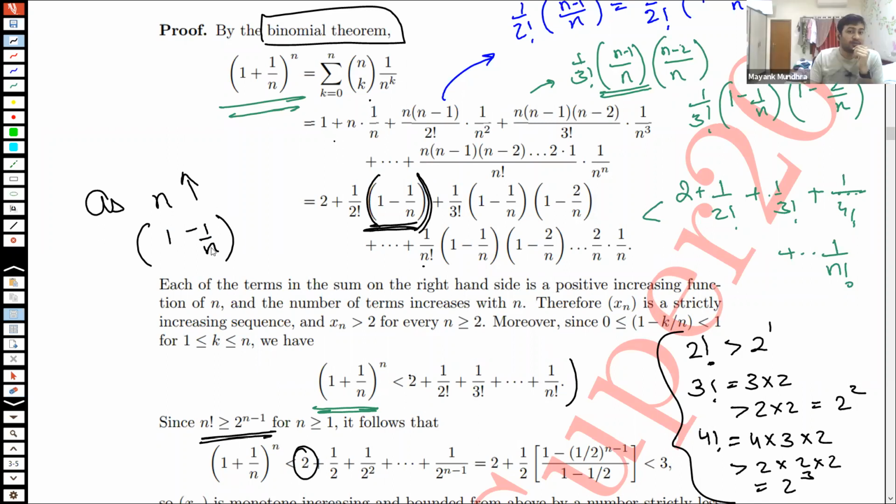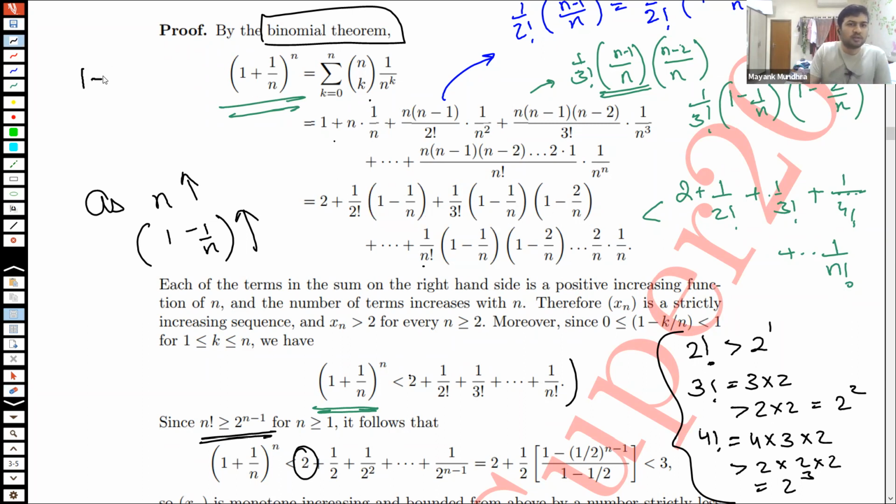It will increase, because 1 by n reduces as n increases, so minus 1 by n reduces. So you're subtracting a smaller number from 1, so this thing will also increase. So the number of terms increases, plus each term becomes larger and larger as you keep on increasing n. So you're adding more terms and every term is larger.